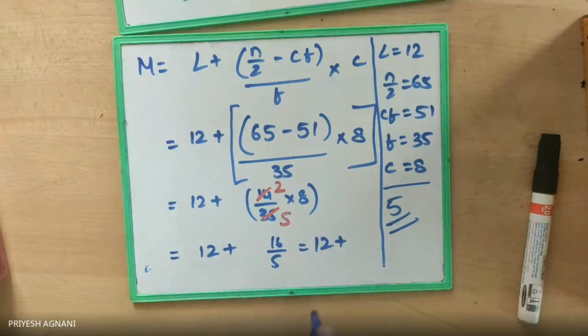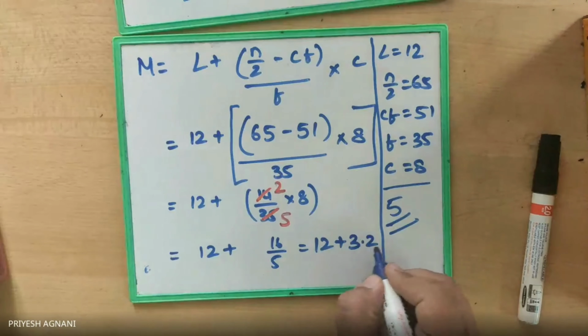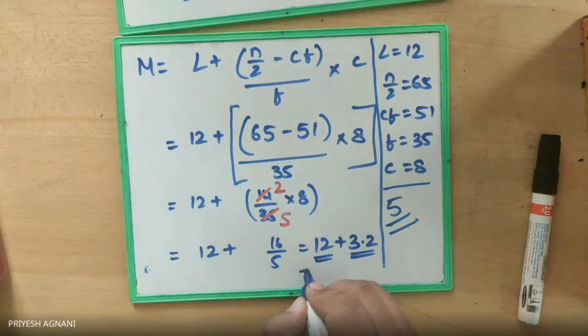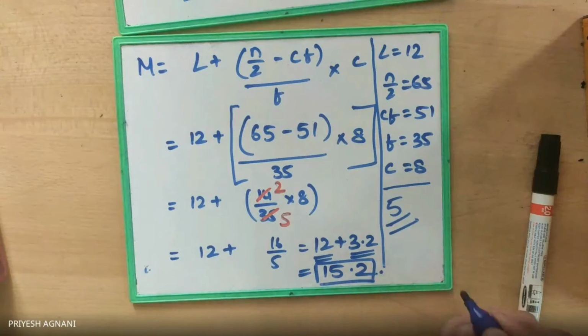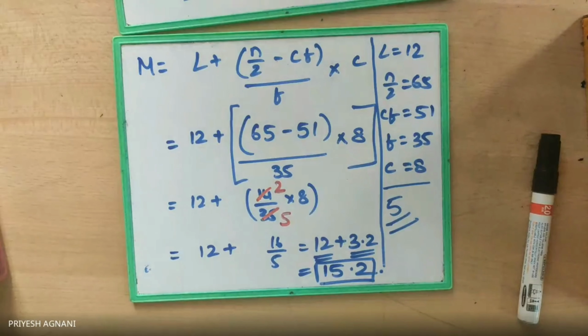You get 3.2. When you add 3.2 to 12, the answer will be 15.2. So this is the way we are going to solve the median for grouped data.